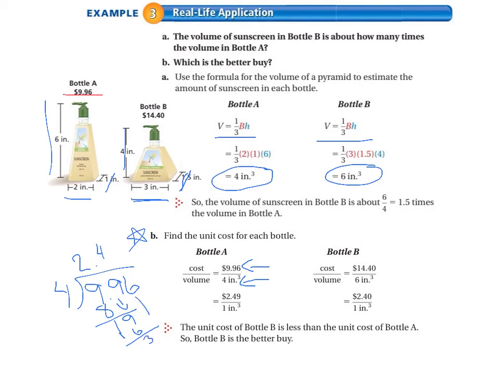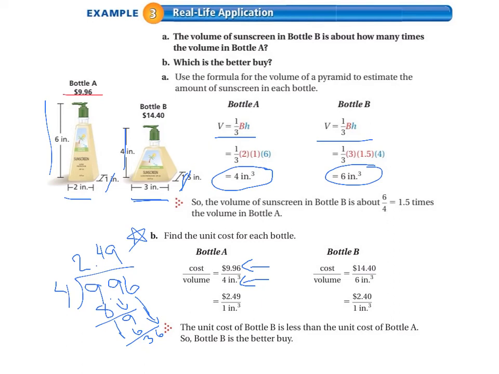We bring our 6 down and we get 9. So for every 1 cubic inch, the cost is $2.49 for bottle A.